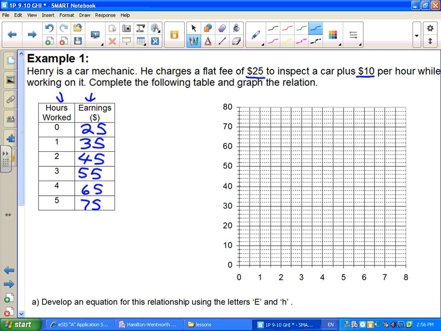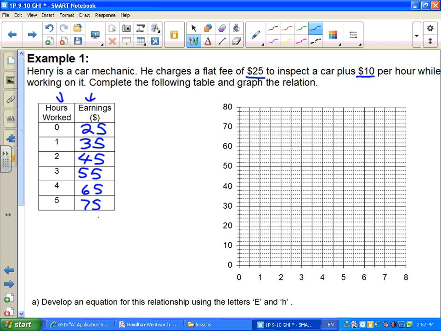Okay? So now let's make a graph of this relationship here. We've got hours worked and we've got earnings. We have to decide which one should go on our horizontal axis and which one should go on our vertical axis. Well, we ask ourselves, which is our dependent variable and which is our independent variable? Does earnings depend on hours worked, or does hours worked depend on earnings? It makes more sense to say that earnings depends on hours worked.